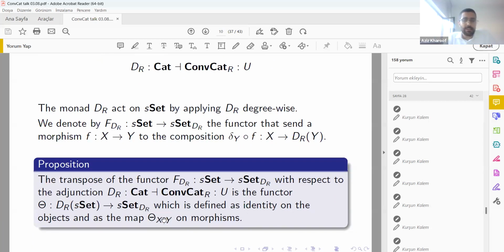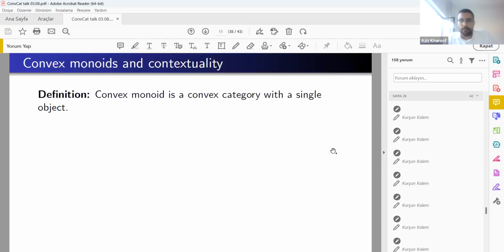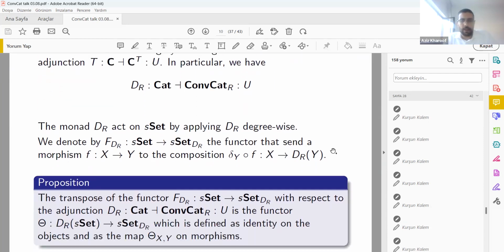This functor is the identity on objects, but on morphisms it is actually this theta that defines the contextuality. So this relation tells us that this preserves the convolution with the Kleisli composition, but it's not really something one can apply in order to capture contextuality.